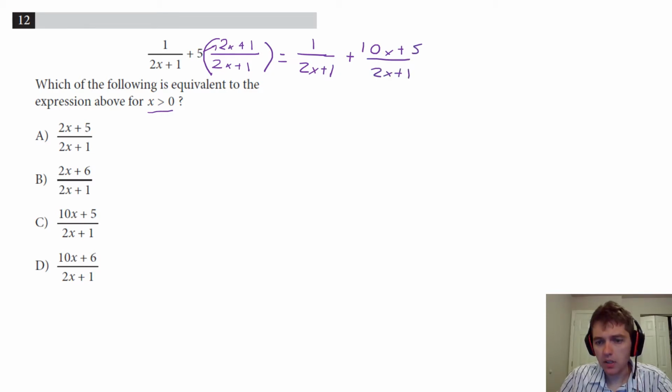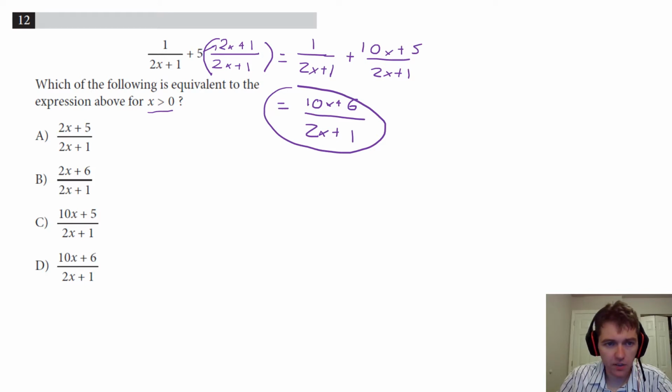At this point, the denominators are the same. These can be combined: 10x stays the same, 1 plus 5, you have your 6 over 2x plus 1. At that point, you can check if that is equal to one of your solutions, and it is. Answer D is correct.